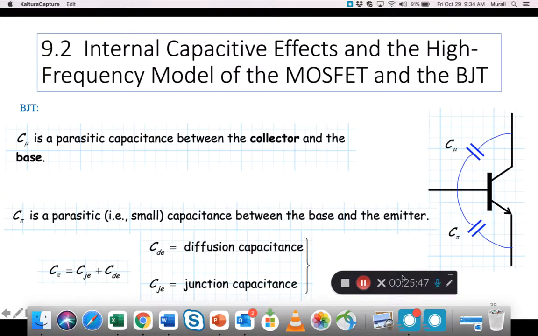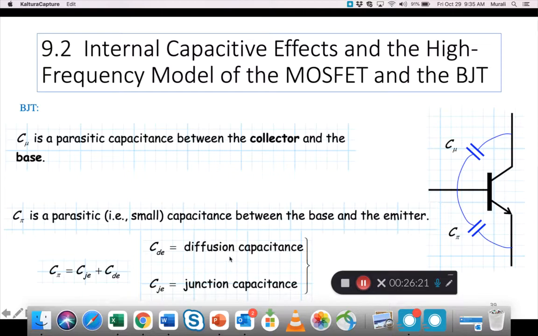Just like we studied for the MOSFET, the BJT also has many capacitances. Whether it's a BJT discretely or a BJT in an IC, you have two important capacitances, C mu and C pi. C mu is here between the collector and the base. C pi is between the base and the emitter. C pi consists of CJE plus CDE.